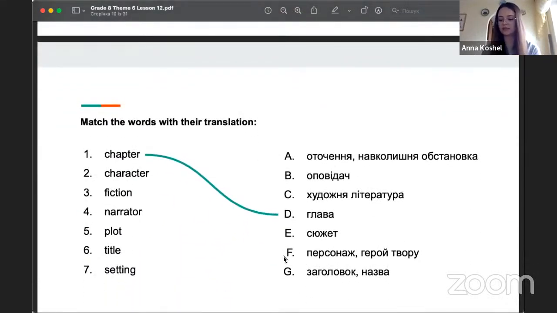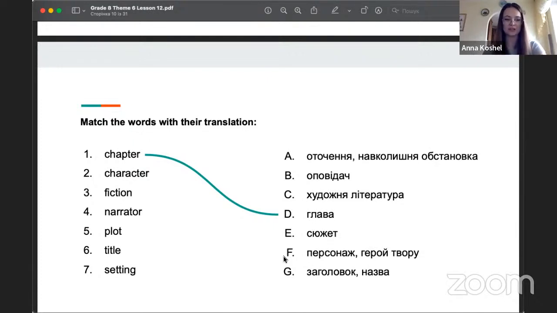Okay, I can see that you're writing that you need some extra Ukrainian translation. No problem. If something is not clear, you can write in the chat. Якщо щось не зрозуміло, пишіть в чаті. Звичайно, будемо перекладати, допомагати. Ми тут всі для того, щоб навчати. Тому це не проблема. Якщо щось не зрозуміло, обов'язково пишіть, будемо перекладати.